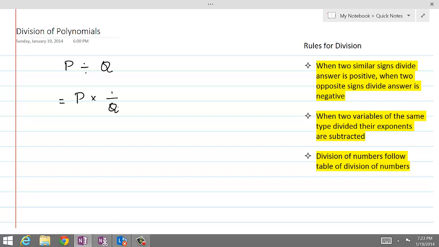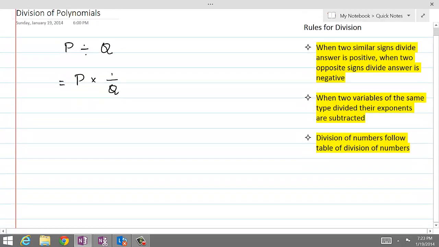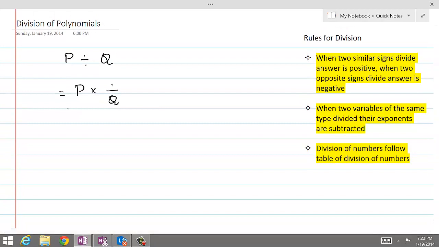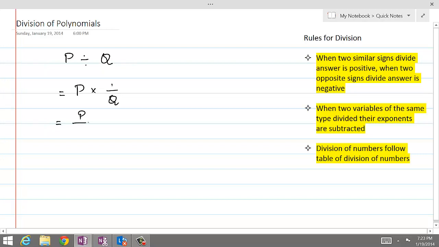Therefore, division can be converted into multiplication as long as we reciprocate the dividing polynomial. And this can also be written in the form p divided by q. So whichever way we express it, we only mean the division.